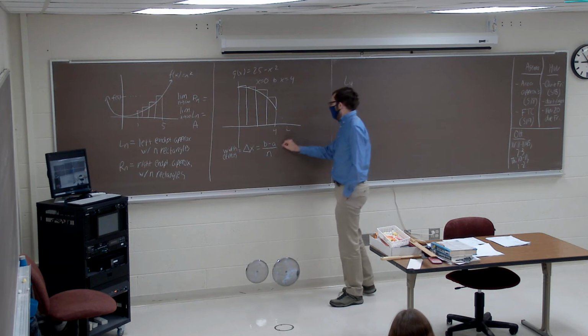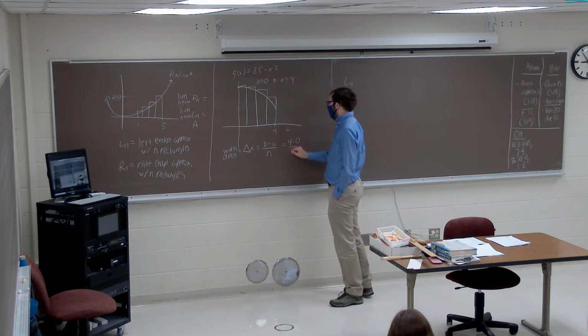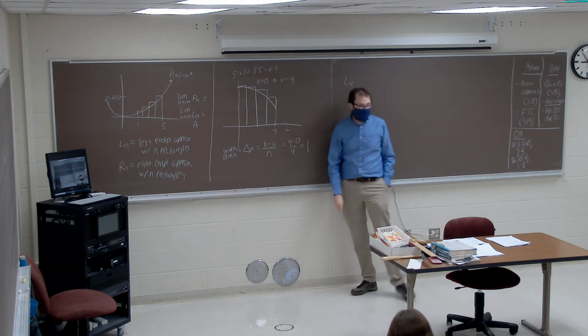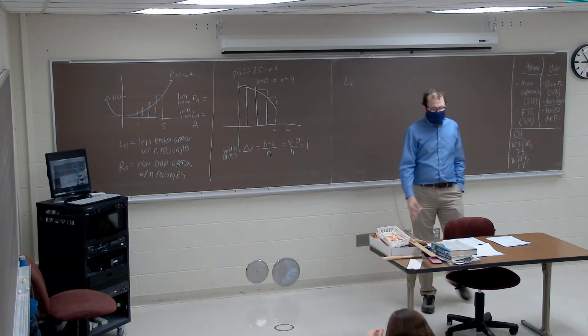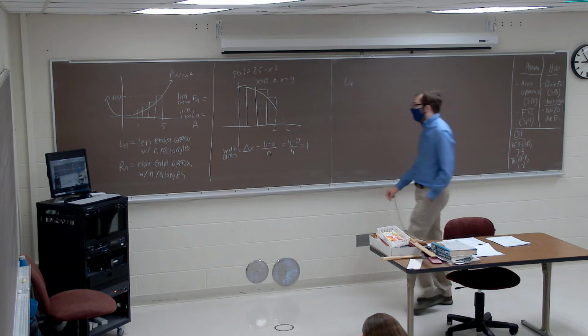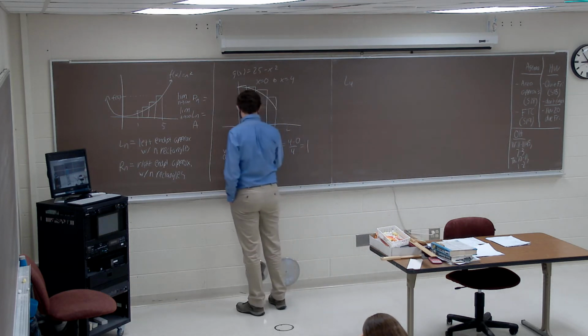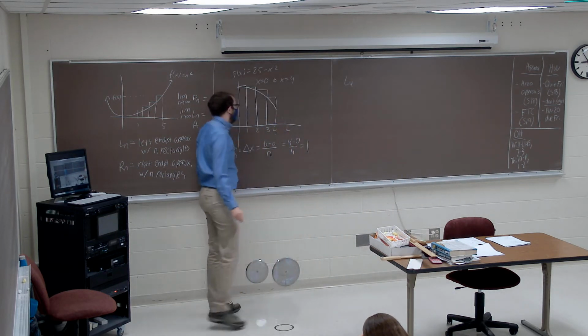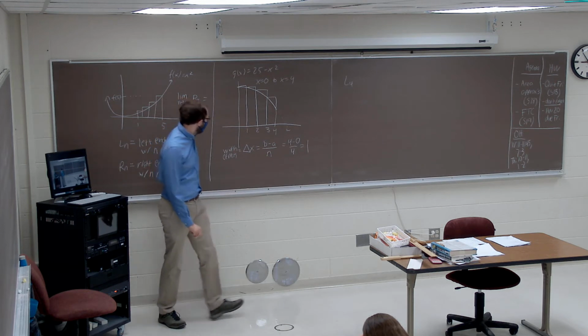In this case it would just be 4 minus 0 divided by 4, which comes out to 1. So yeah, I think I agree with you, Cecilia. I think they're each going to have to be 1 unit wide in order to find our area approximation here.